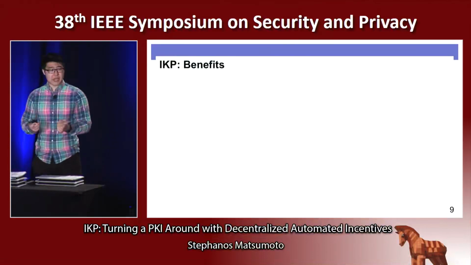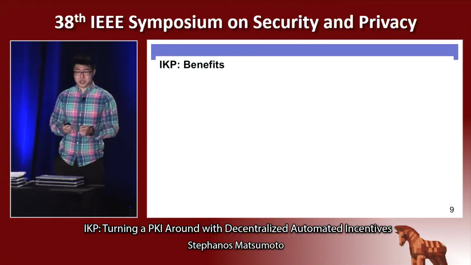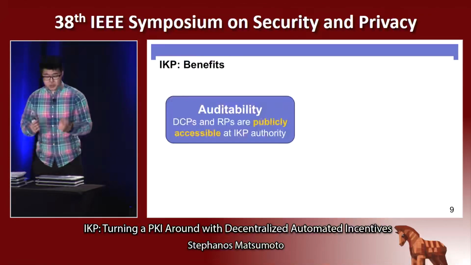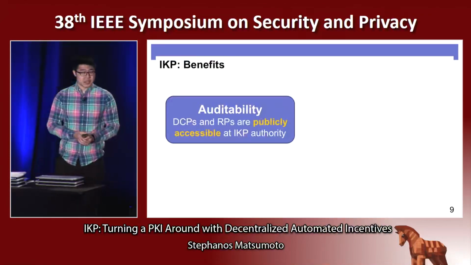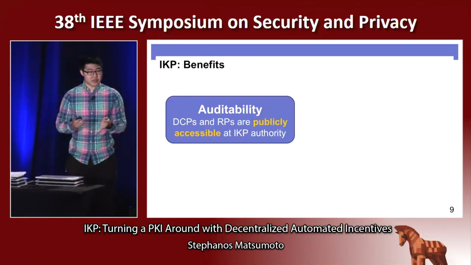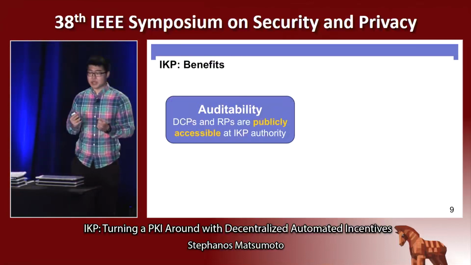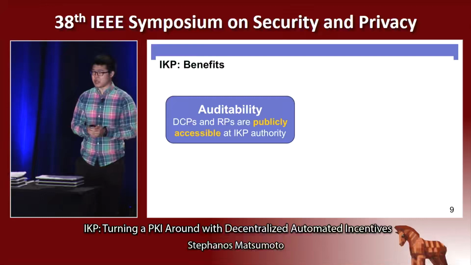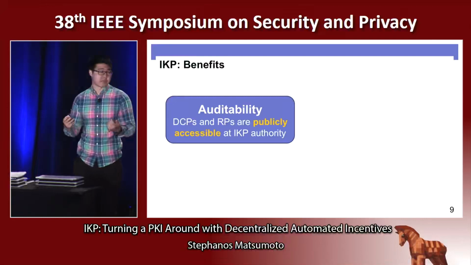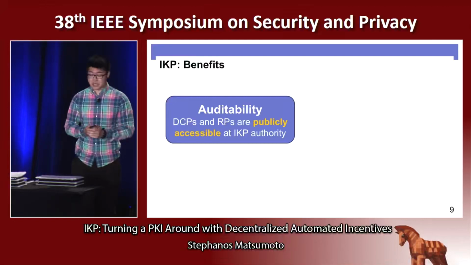So let's take a step back and look at what IKP has achieved just with this design that we've seen. So we provide auditability in the sense that the IKP authority can maintain all this public information. And so it's very easy to see if a certificate is authorized or not, and in fact, what will happen if an unauthorized certificate is reported.